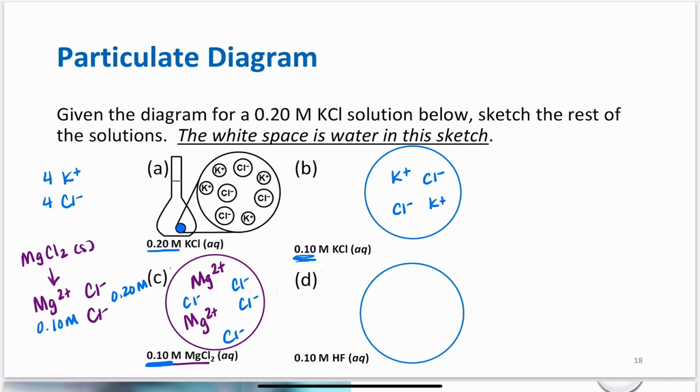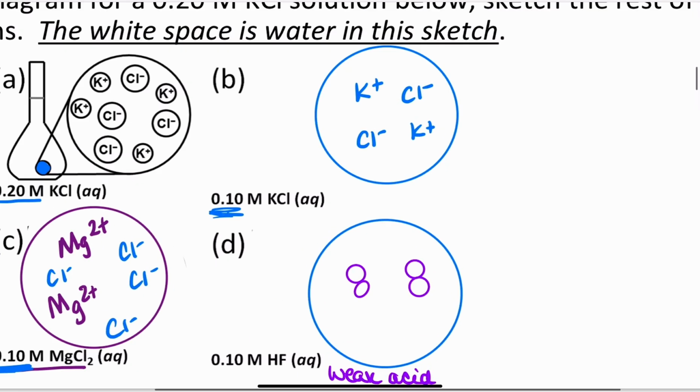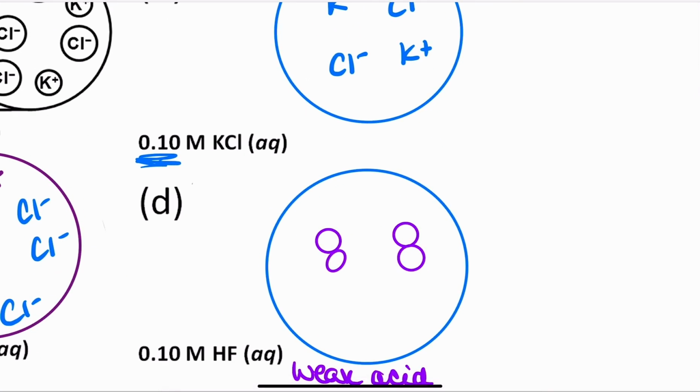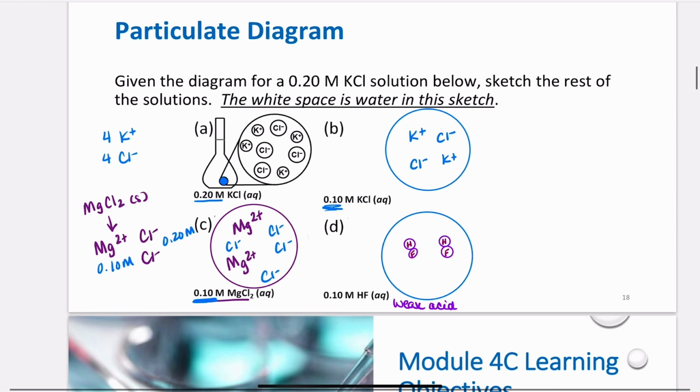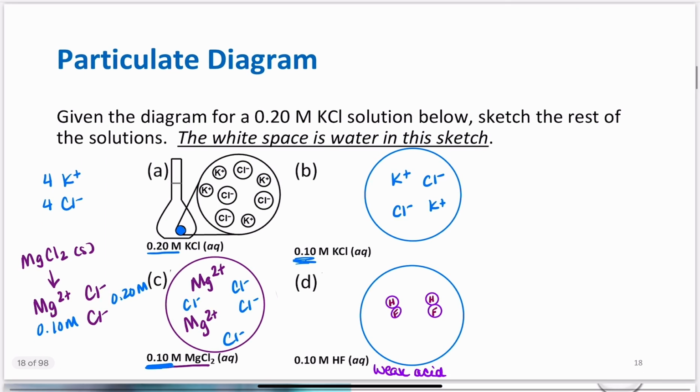The other one I have down here is HF, and we haven't spent much time talking about HF yet, but HF is a weak acid, meaning it does not fully break up in solution. So what's going to happen here is you're actually going to have, I apologize for my drawing skills right at this moment, these are both pretty small, but H and F, H and F. A 0.1 molar solution will have 2 particles, but they most likely aren't going to break apart at that point.